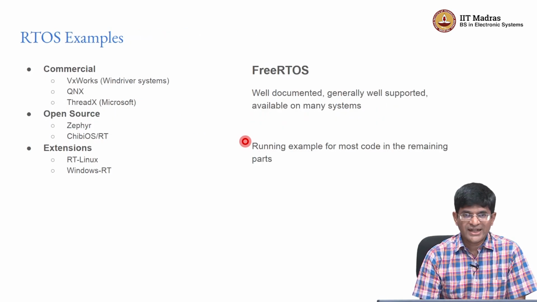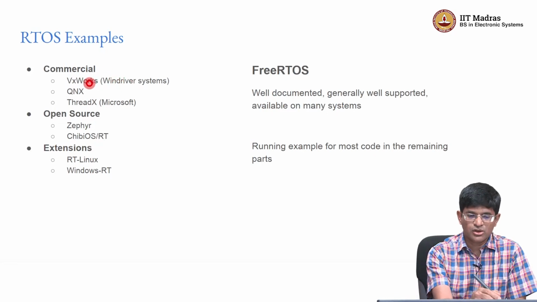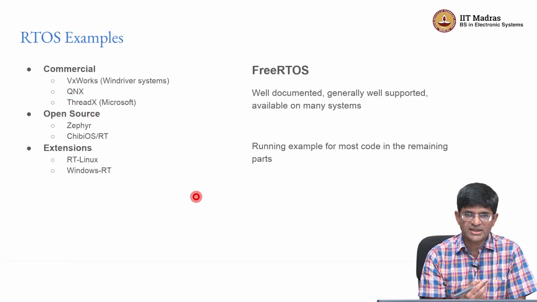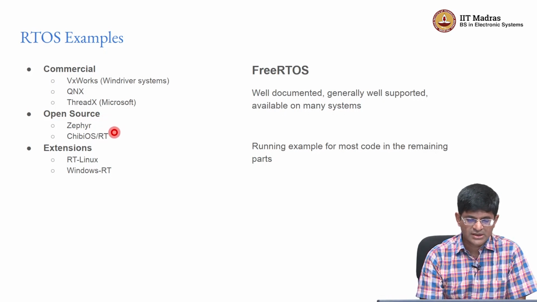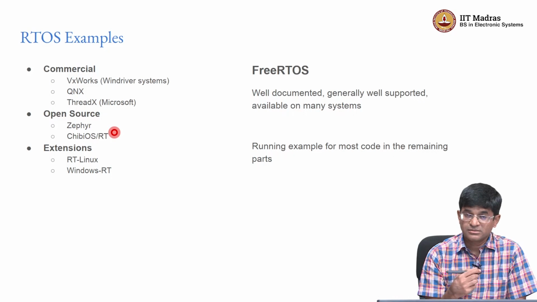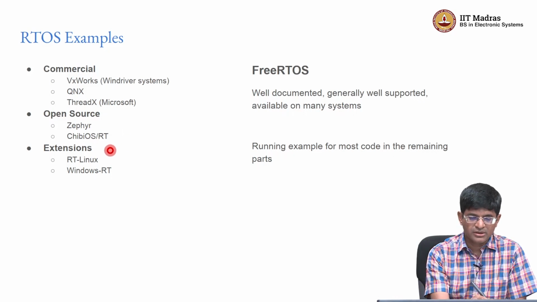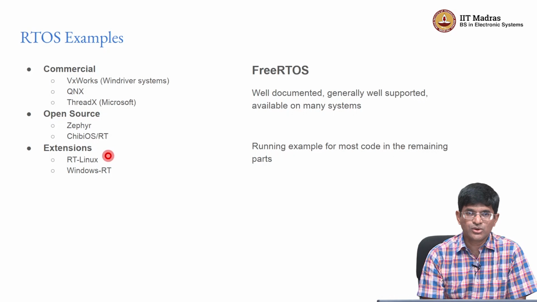Now there are a number of different examples of real-time operating systems. Those include commercial RTOS, some of the well-known ones are VxWorks, QNX, there is ThreadX from Microsoft, which is also used in some of the Infineon USB microcontrollers and so on. There are some open source RTOSs, one is called Zephyr, there is another one, ChibiOS, and in addition to all of this, there are also extensions to the regular operating systems, and not just commercial ones.